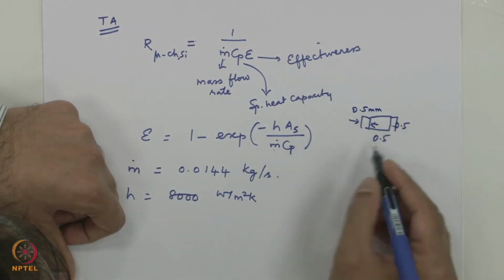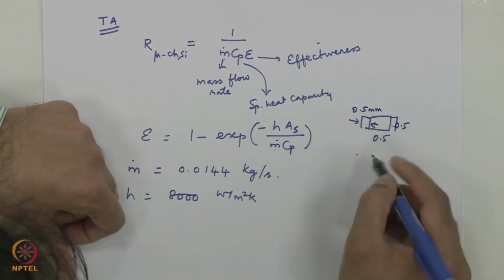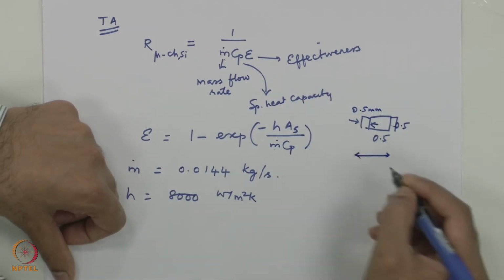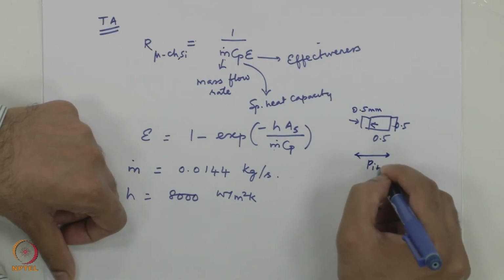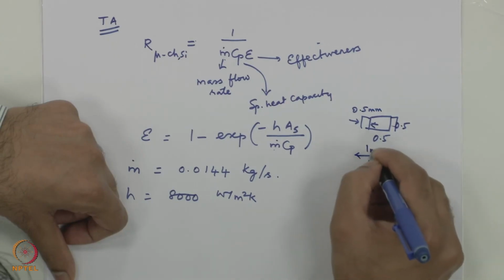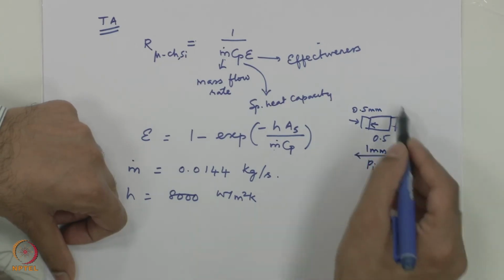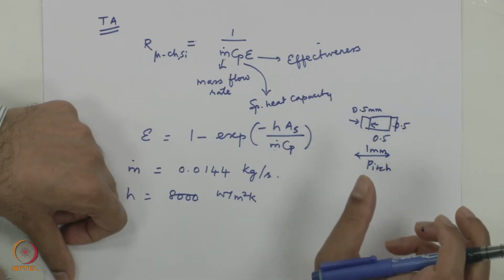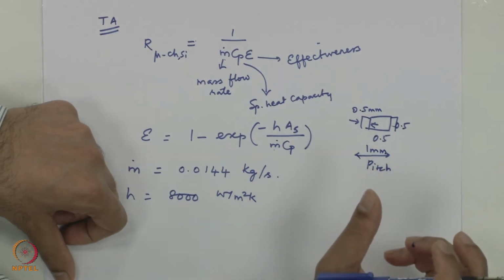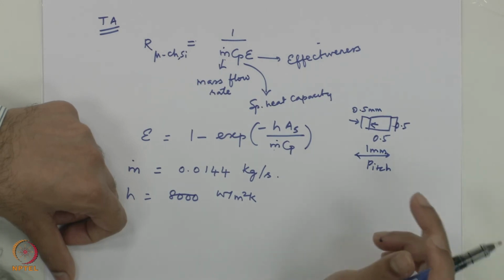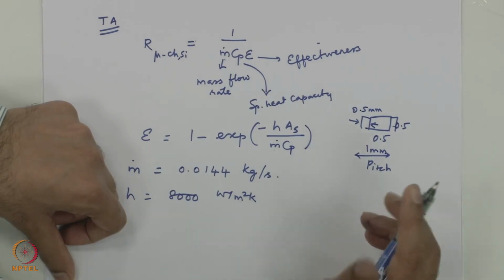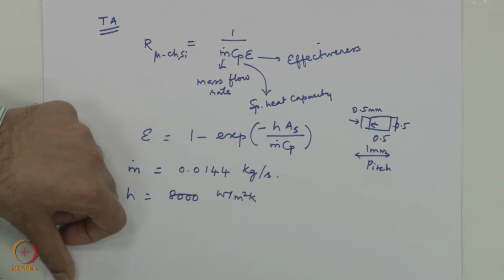So the overall pitch is 1 mm. Because we know the overall width, which is 30 mm, we can estimate the number of microchannels we can integrate into this device, and with that we can calculate the surface area.